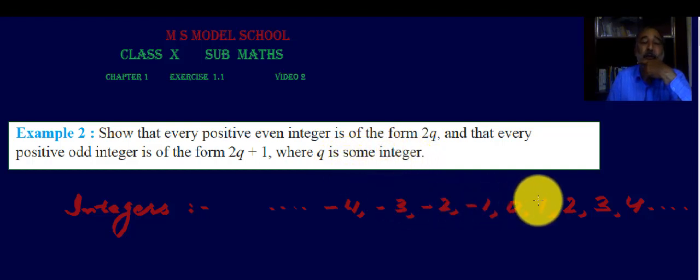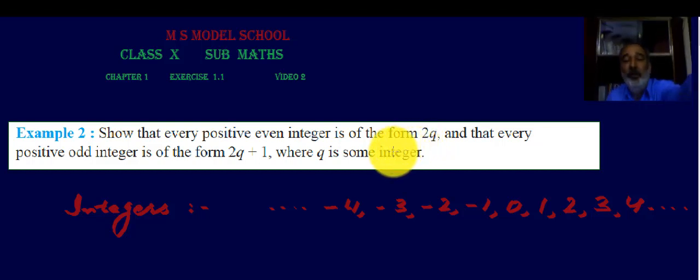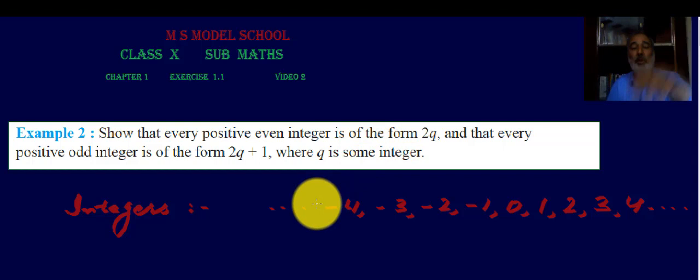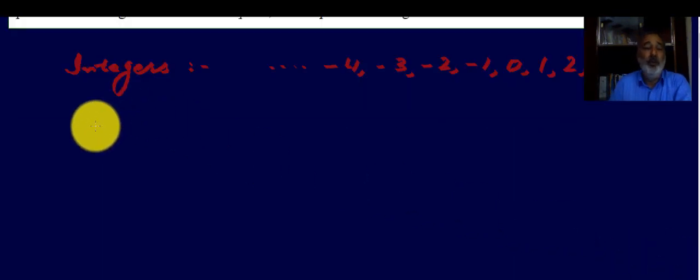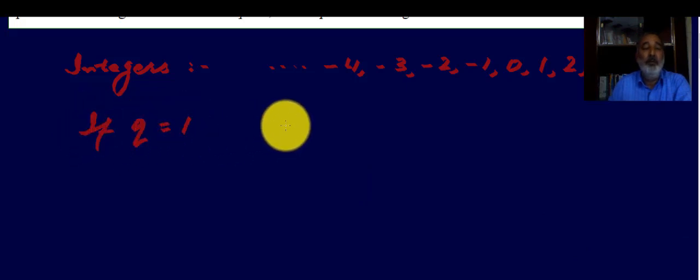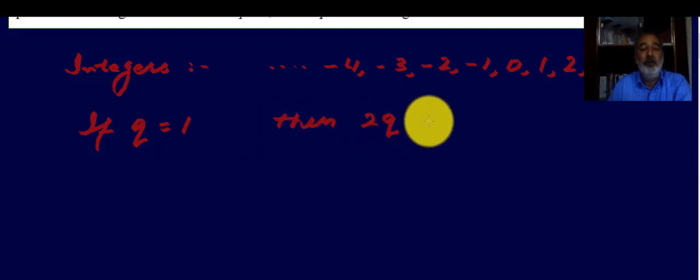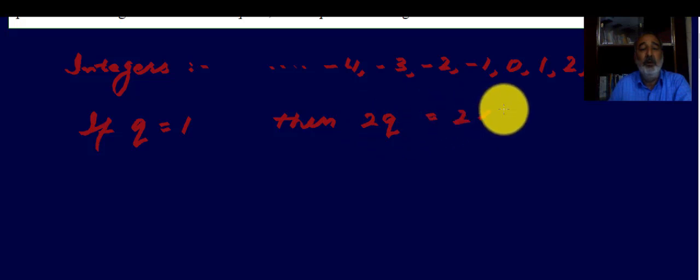If I am taking q as 1, what will be the value of 2q? 2 multiplied by 1. If I am taking q is equal to 2, then what will be the value of 2q? Let's try. What is this form 2q? If q is equal to 1, then 2q will be 2 multiplied by 1.